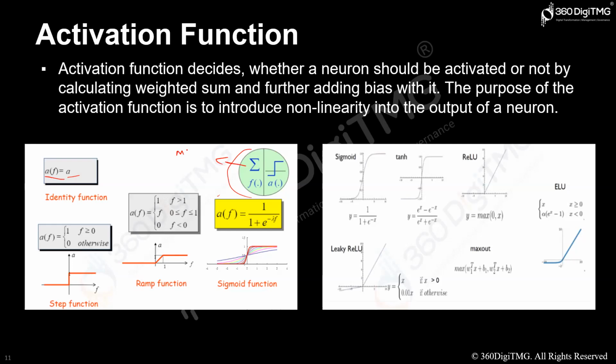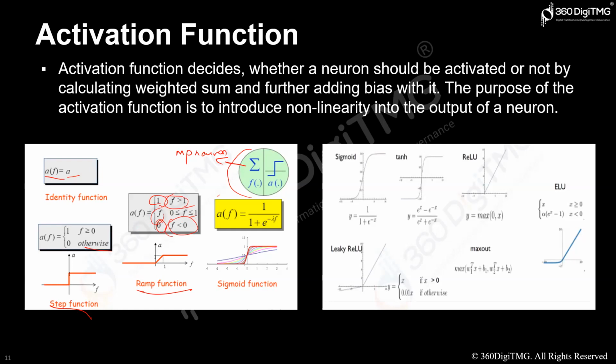Okay. This is the MP neuron. And this is the step function, where A of F is equal to 1 if F is greater than or equal to 0, and 0 otherwise. And this is a ramp function, where A of F is equal to 1 when F is greater than 1, you get F when 0 is less than or equal to F and F is less than or equal to 1, and you get 0 if F is less than 0.